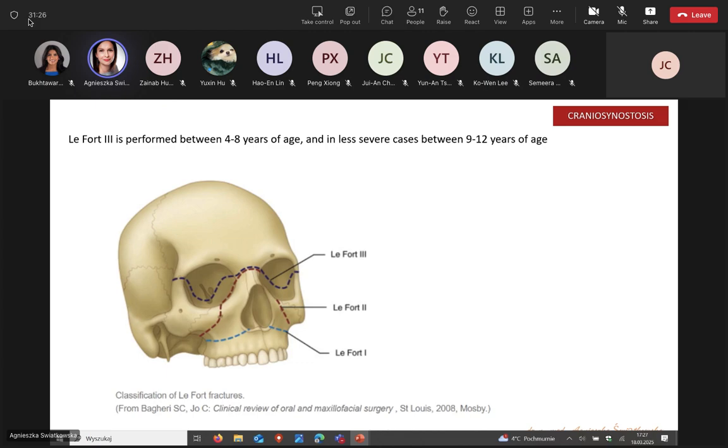For this operation on the upper jaw, usually the orthodontic surgeon uses a Le Fort 1 cut. In this group of patients, they need a Le Fort 3 cut. Why? Because they want to move the whole maxillary bone forward.